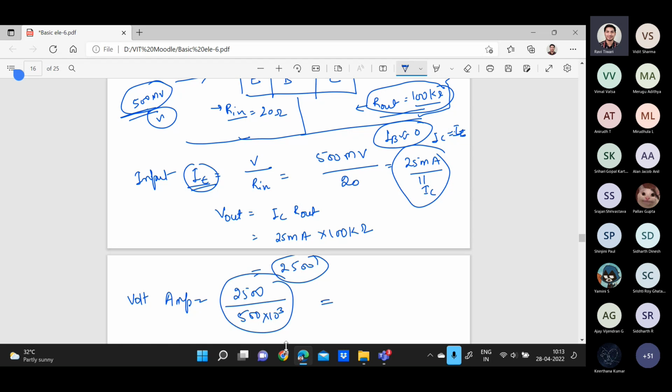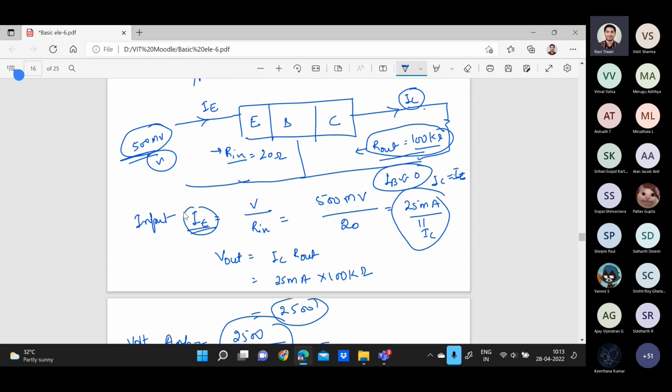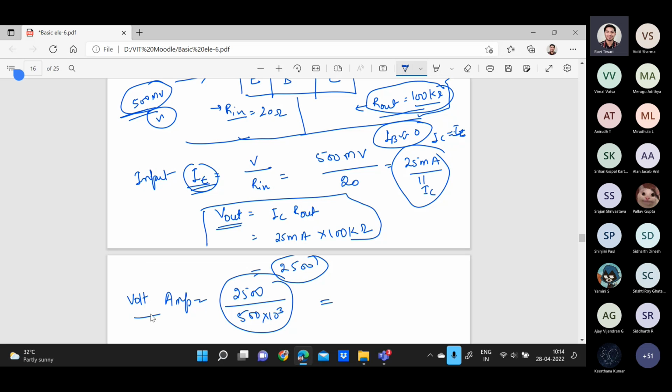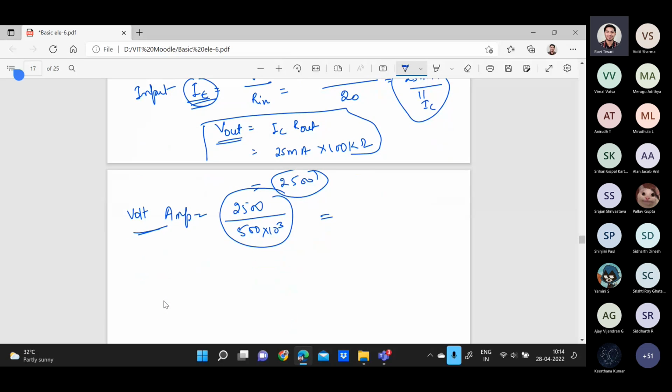Here you have to check the current and then the output voltage. The ratio of output voltage divided by input voltage gives the voltage amplification. This is not much important, but the question based on this one will be from the RC phase shift oscillator. So let's see the RC phase shift oscillator.